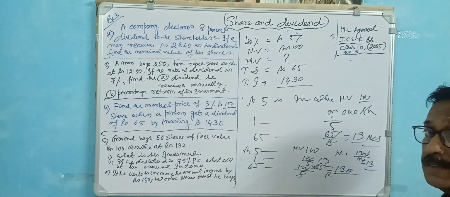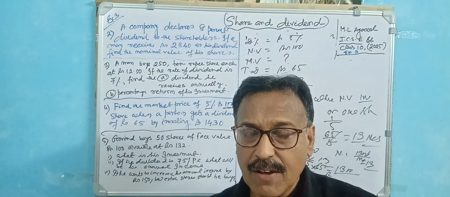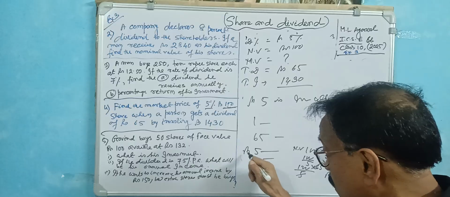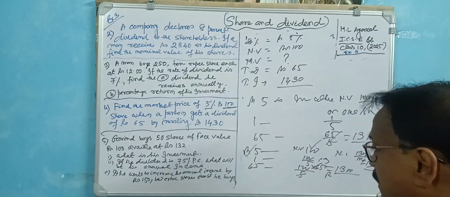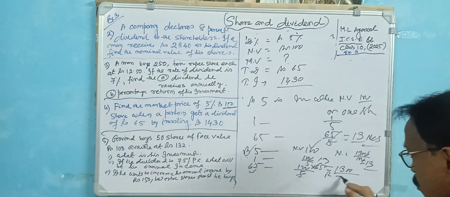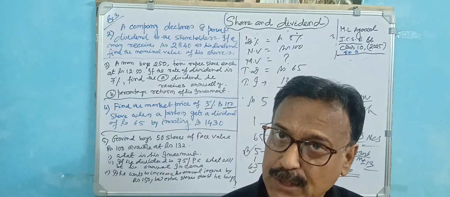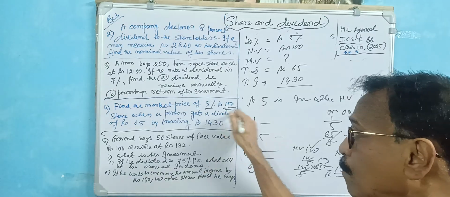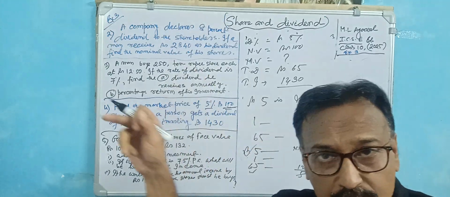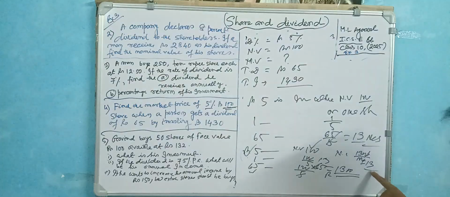Or in this way, the total nominal value for 5 income is 100, so when you get 65, the total nominal value is 1300. Per share nominal value is 100, so 1300 by 100 gives the number of shares, 13.